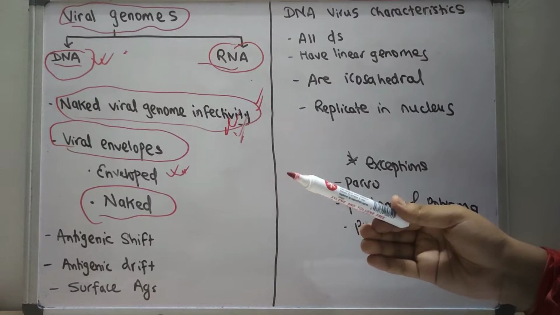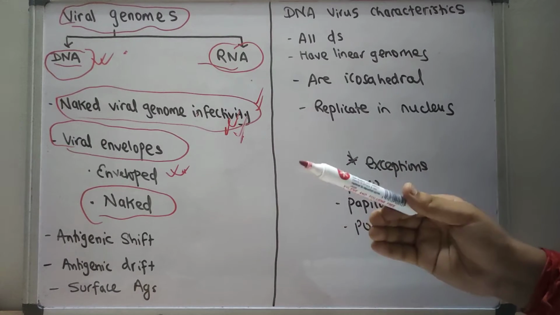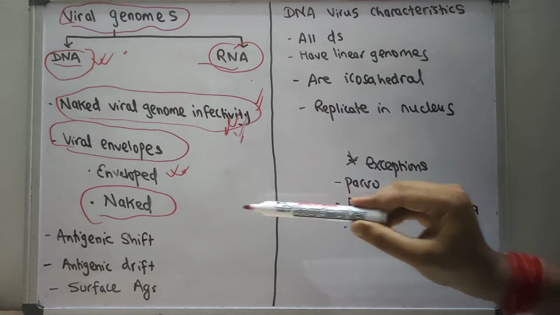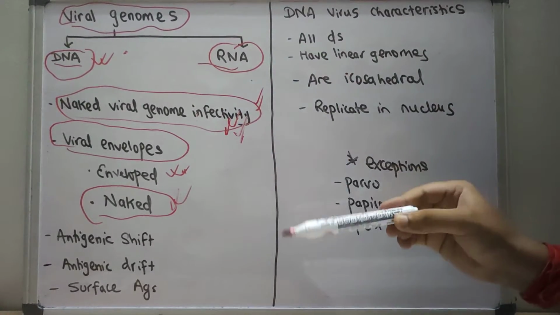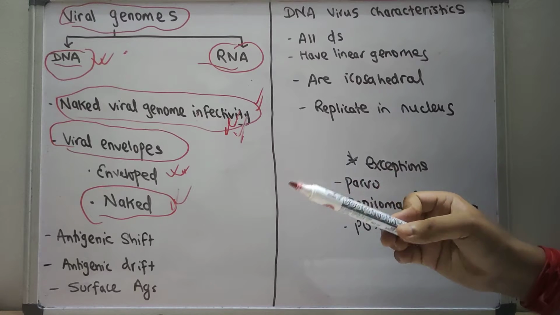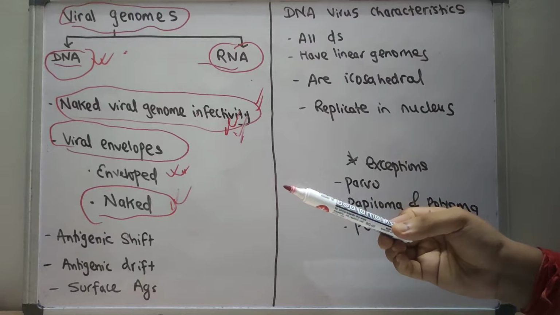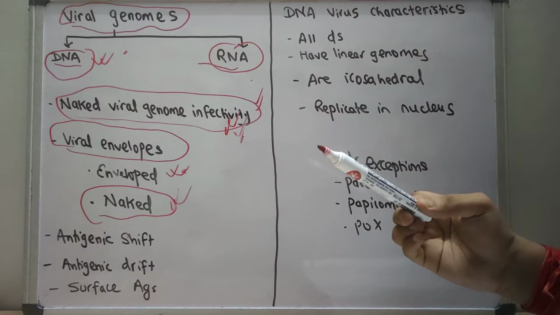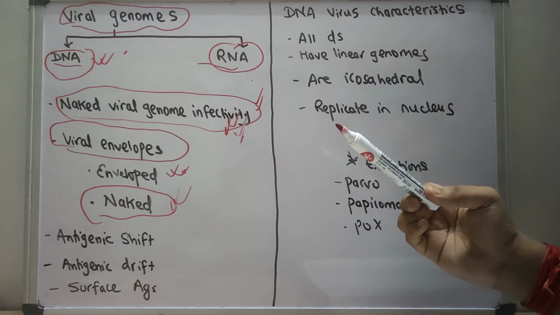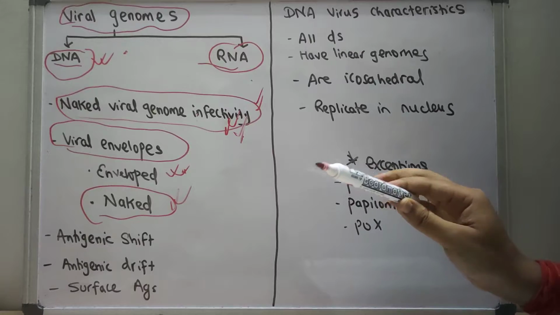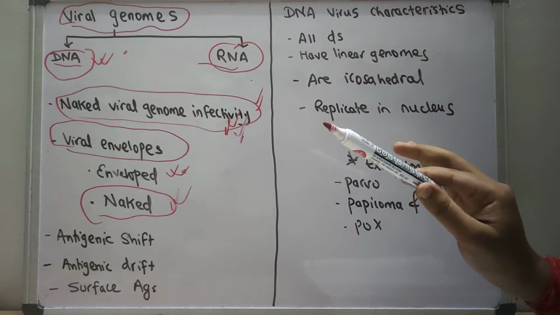The exception includes the herpes viruses, which acquire the envelope from the nuclear membrane. The naked viruses include papillomavirus, adenovirus, parvovirus, polyomavirus, calicivirus, picornavirus, reovirus, and hepevirus. So these all are the naked viruses.